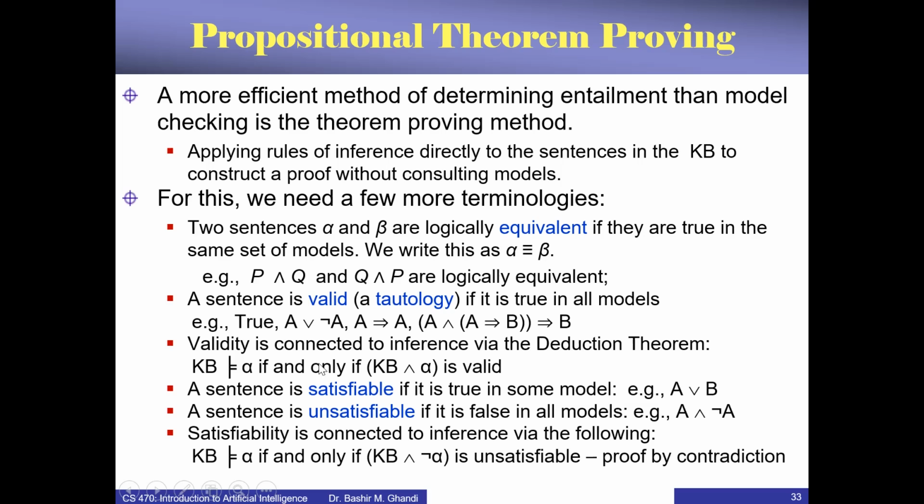Because as we said here, if KB implies alpha, then there is no model for which KB is true and alpha is false. This is basically the meaning of this. And therefore we can conclude that KB entails alpha. If we can prove this contradiction, then it automatically proves KB entails alpha.